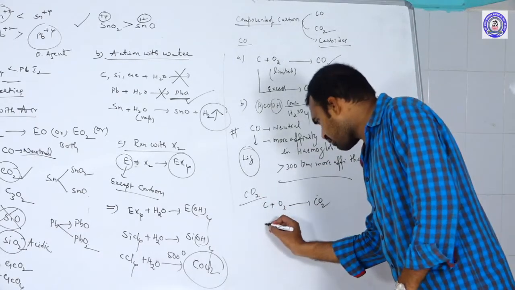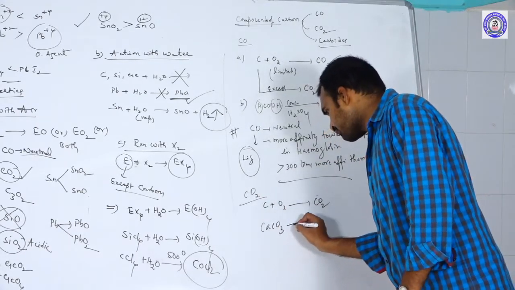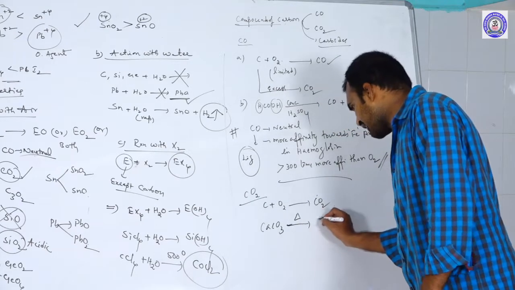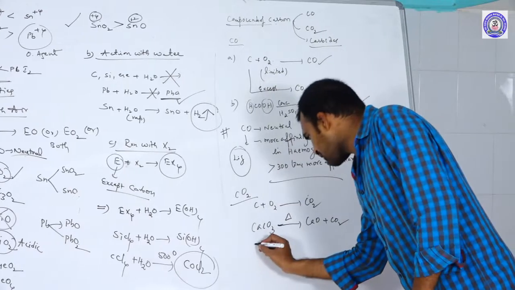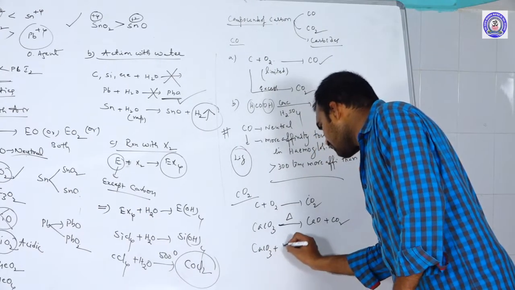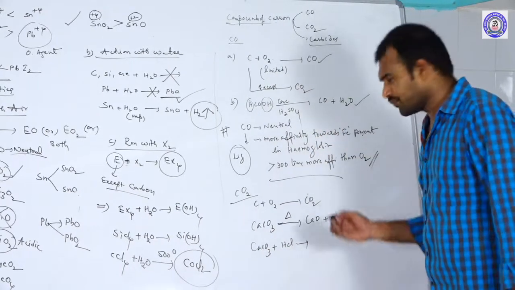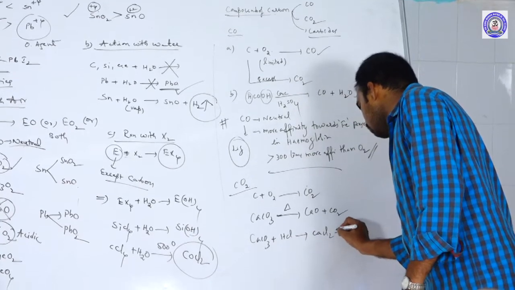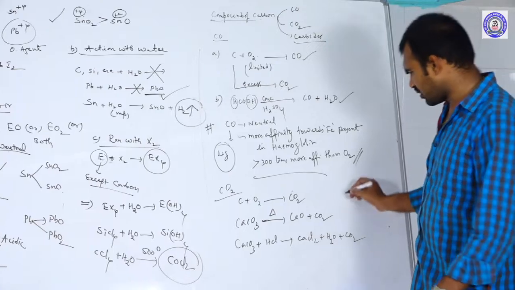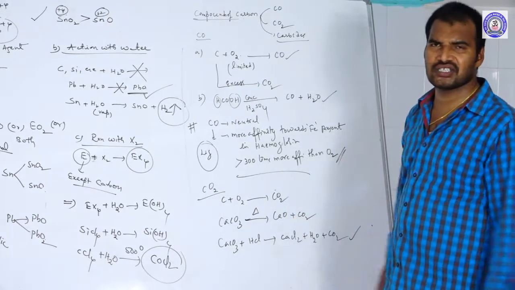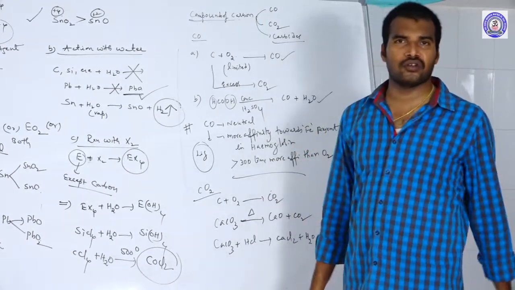It can be released by CaCO3 on heating, decomposing to give CaO and CO2. There is one more way: if you add an acid like HCl to CaCO3, we get CaCl2 plus H2O plus CO2. There are so many ways of releasing it.